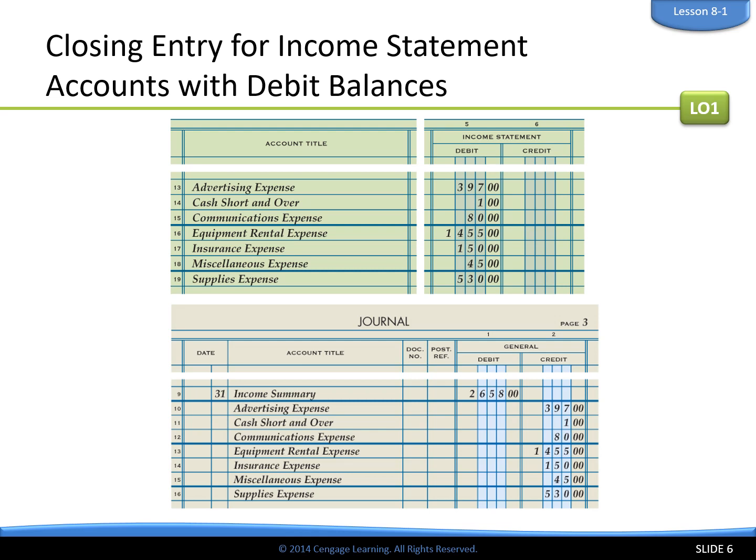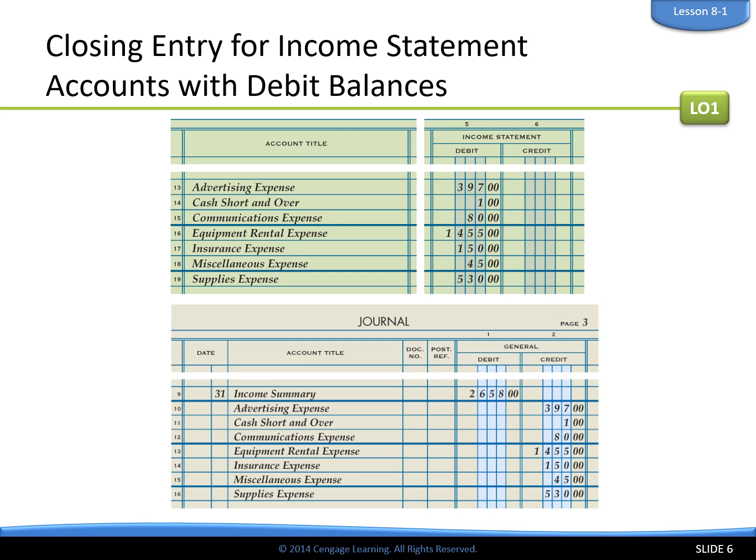Closing entry for income statement accounts with debit balances. The top is from the worksheet, right? The income statement. So this is the second entry that we're going to make in our closing entries. So we have all of our expenses.